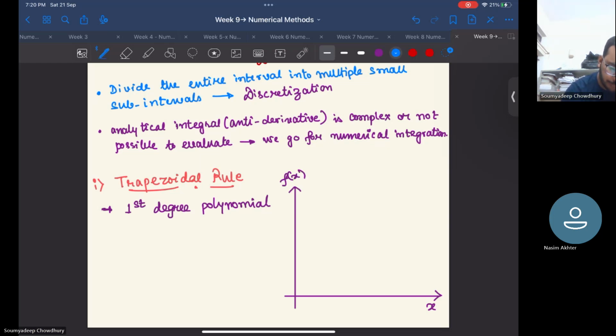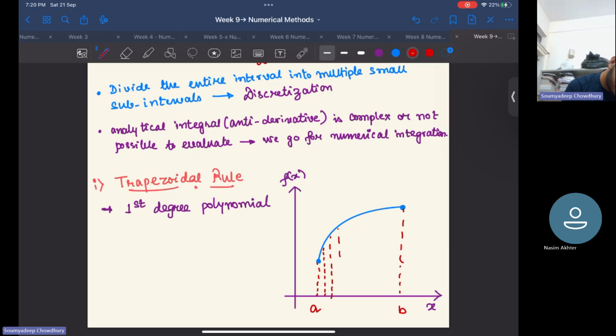Suppose you have a function like this. You have to find the integral of this function between a and b by the trapezoidal rule. This function is not a linear function, right? So we first divide this function into multiple subintervals. The process will be the same, just the way of approximating the function will be different.